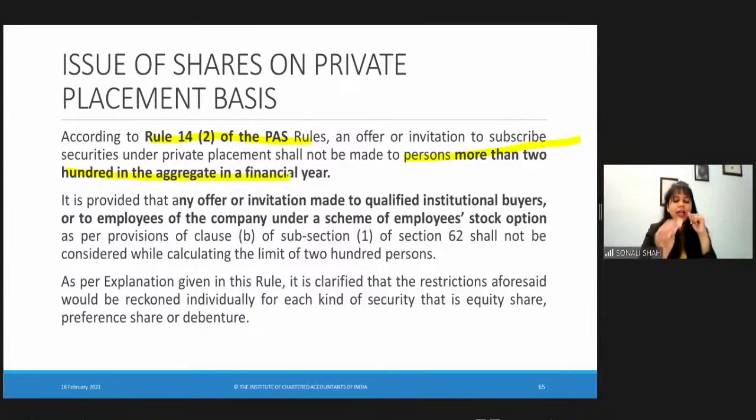Now, supposedly, an offer for shares of the company was made to, let's say, 100 people in the financial year 2019-20, and the company in the financial year 2020-21 wants to again make a private placement offer to 200 people. Will it be allowed to do that?